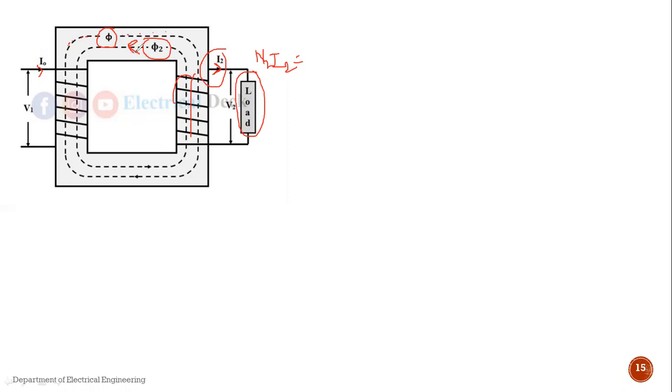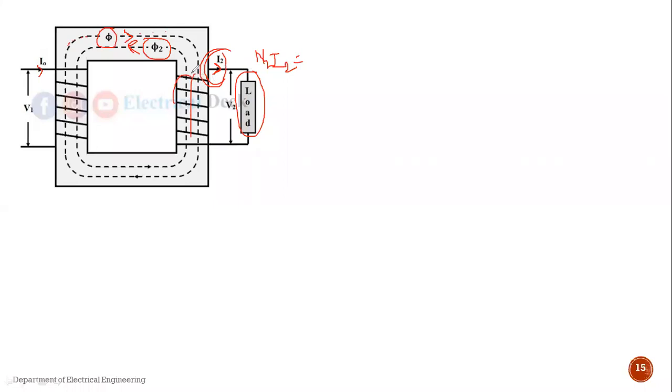All of you keep in mind, जे काही secondary current ने setup केलेले flux आहेत, see, no load current ने setup केलेले flux, suppose traveling in the clockwise direction. Okay, and when the secondary side is loaded, due to the load connected to the secondary side, some current will be flowing through the secondary side.